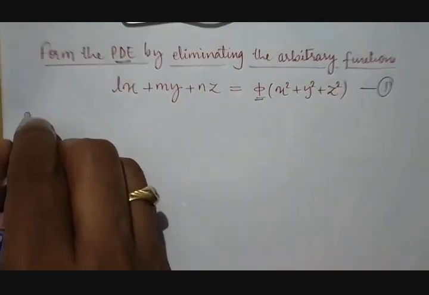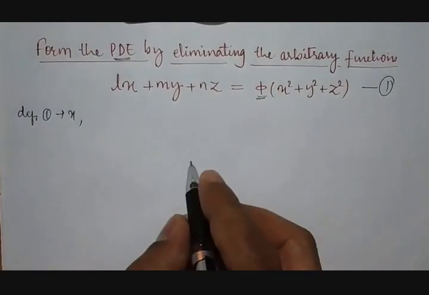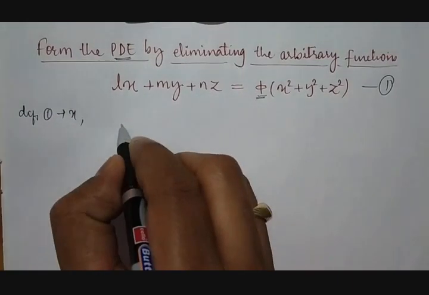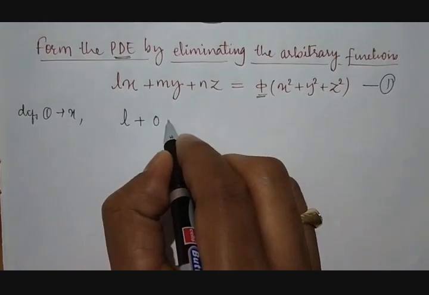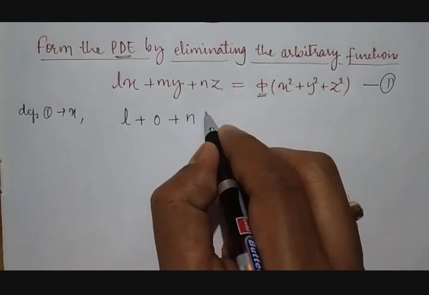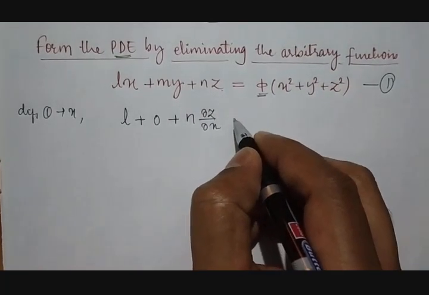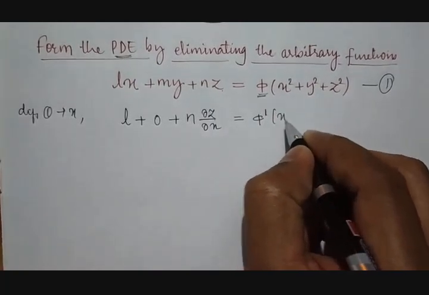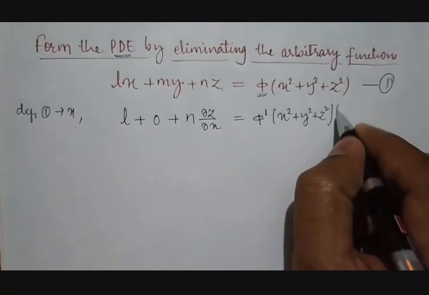Then we differentiate equation number 1 with respect to x. Then what we get? If we differentiate it with respect to x, then it becomes L plus My with respect to x will be 0 plus n into differentiation of z will be dou z by dou x, since z is a function of x and y, which is equal to phi dash of x square plus y square plus z square into bracket.